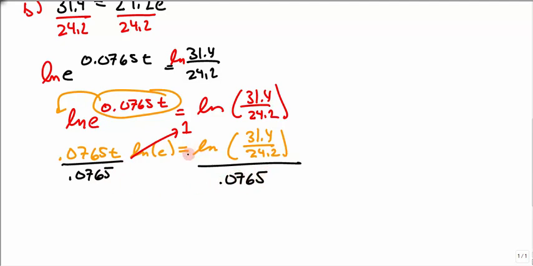When I plug this into my calculator, I need to be pretty careful. I need natural log, make sure you have parentheses, divided by, so we keep track of that layered fraction. So let's plug this into the calculator.